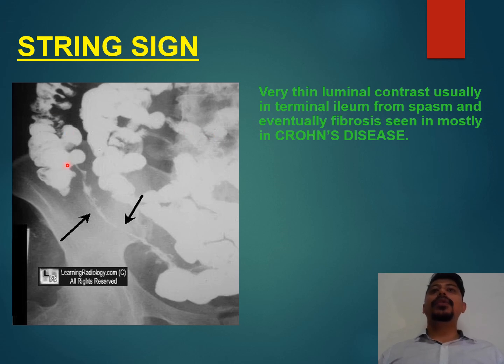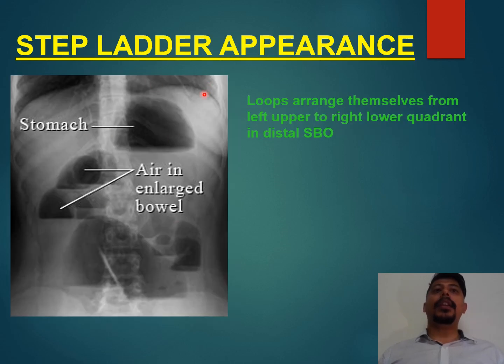String sign. Very thin luminal contrast, usually in the terminal ileum, from spasm and eventually fibrosis, seen in Crohn's disease. So this is the terminal ileum. This is the IC junction. So here we can appreciate a string sign of Kantor, as we call it. It is a characteristic feature of Crohn's disease. Step ladder appearance.